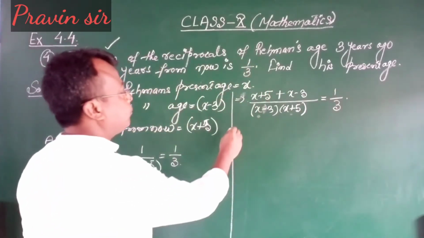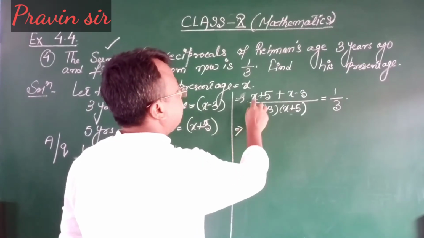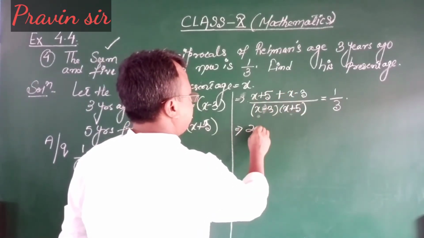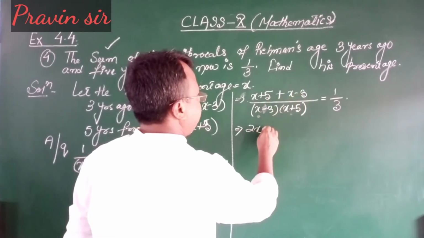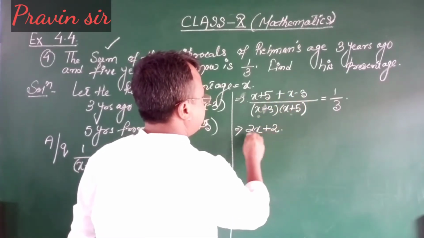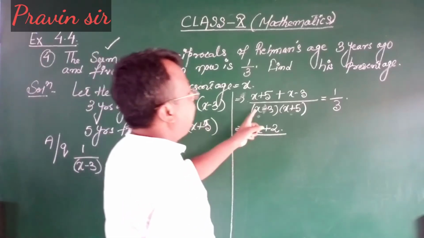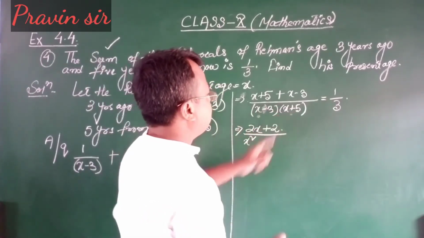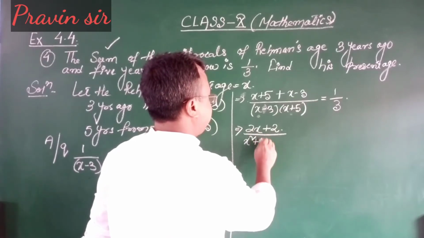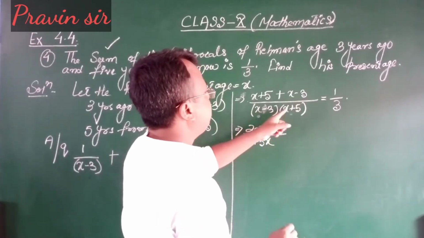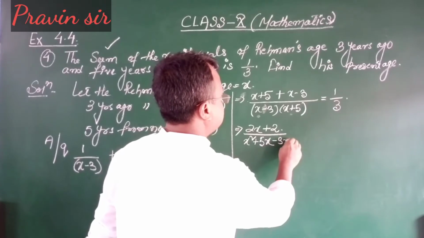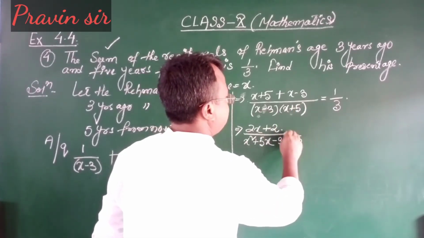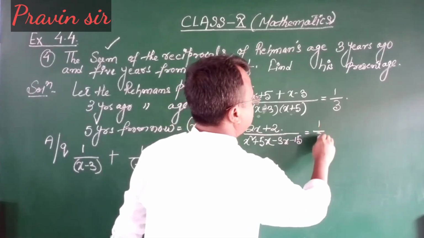Now, simplify this one. x plus x, twice x, 5 minus 3 plus 2, divided by x into x, x square, x into 5, plus 5x, minus 3 into x, minus 3x, minus 3 into 5, minus 15, is equal to 1 by 3.